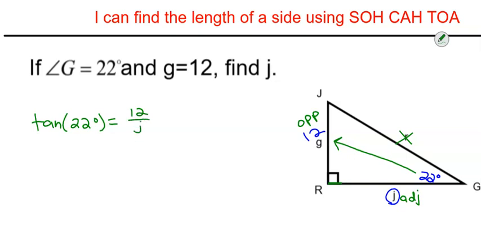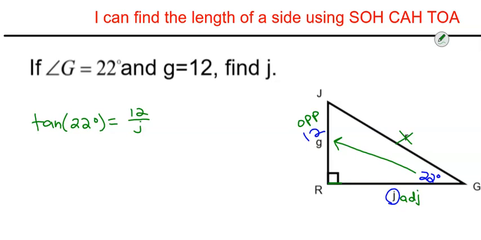Now you guys are in pre-calc, so I trust that you don't need to go through every single step every time that I did in the last problem. You're going to start to figure out that when your variable is in the denominator, like it is now, you're going to technically multiply both sides by J and then divide both sides by tangent of 22.